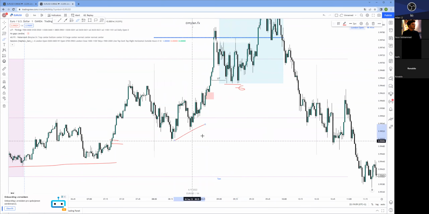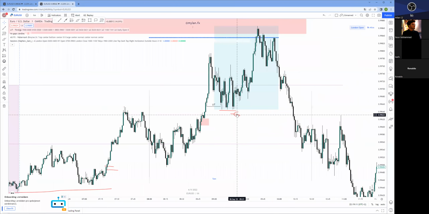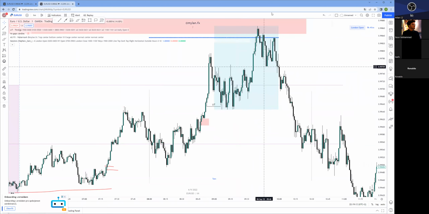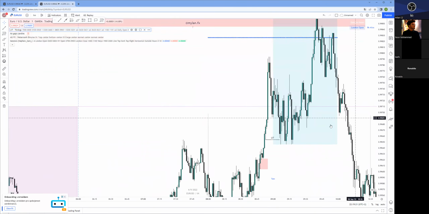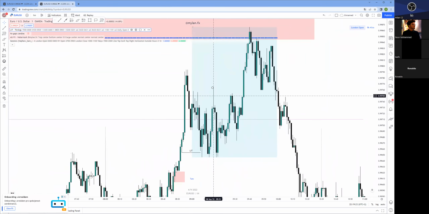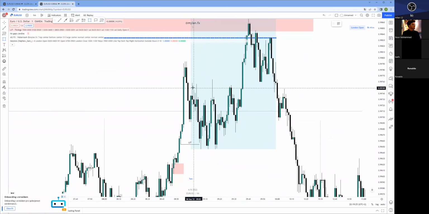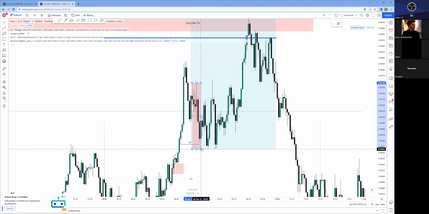This is not protected anymore for me. It can just sweep to grab enough liquidity to move up and then down, right? So that place to sell. Also, this is first London manipulation. Let's see, move down.